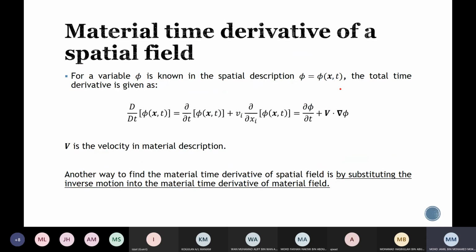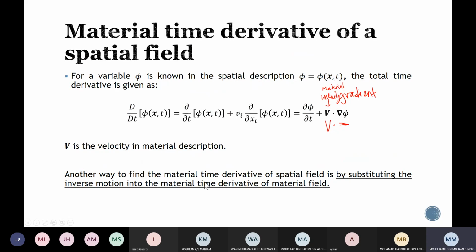Okay, so this is gradient. If you go back to lecture 2C, you need to find the gradient and then dot product with the velocity, big velocity, okay, material velocity. Ini complicated sikit lah nak kira. So V is the velocity in the material description.